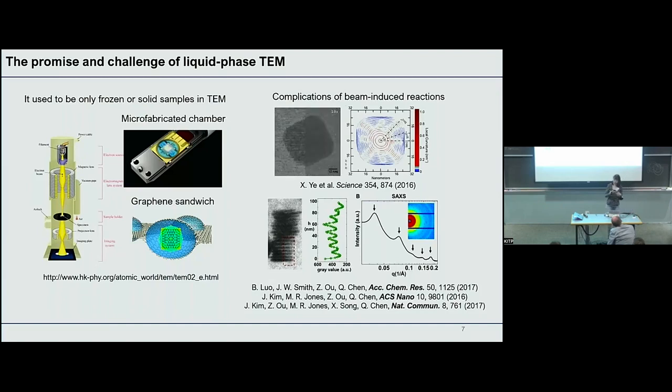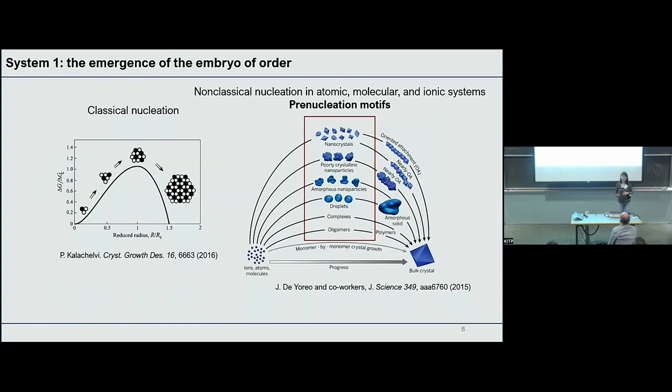So with these basic protocols established, now let's see step by step how we can understand the crystallization dynamics of nanoparticle building blocks. The first step of crystallization is nucleation. When it comes to nucleation, which is essentially the first emergence of ordering, you can have classical nucleation, and there's this more modern terminology of non-classical nucleation, which is summarized in this beautiful review paper here.